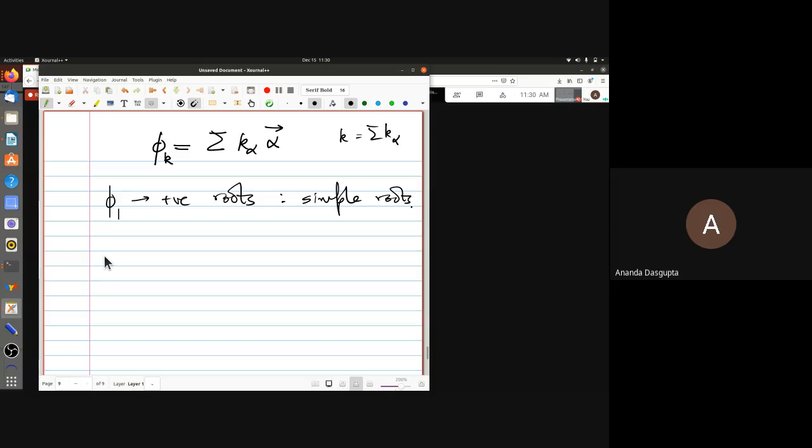The basic idea is, okay, if the root is simple, it's already an integer combination. Done. It's 1 times alpha. All other simple roots have 0 coefficient. But if a positive root is not simple, then what does it mean? It means I can write it as a sum of other positive roots, not necessarily as a sum of other simple roots, but as a sum of other positive roots.